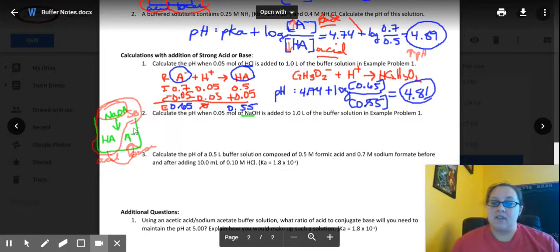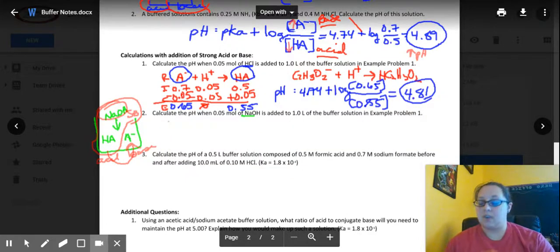So what we have to do is conceptually figure out what's reacting, what's happening there. Then we can write out that reaction. So again, I'm going to show you the shortened form if you're working through it fast and just kind of plugging in stuff. And I'm also going to show you how to write the real reaction in case they want you to write it for a free response question. Okay.